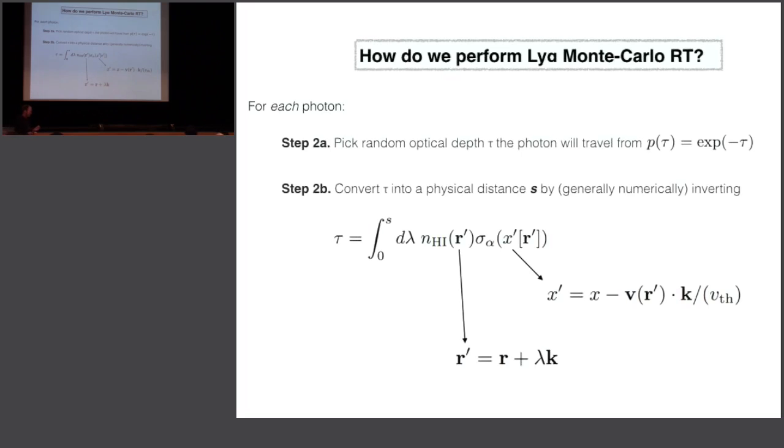So you're stepping through your gas, making sure you Doppler boost into the frame of the gas at each step, and you evaluate tau. Once you reach the randomly generated tau, you stop, and you have displaced the photon by a distance s. The new position r prime would be r plus s times the emission direction.